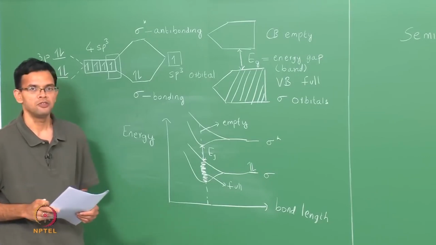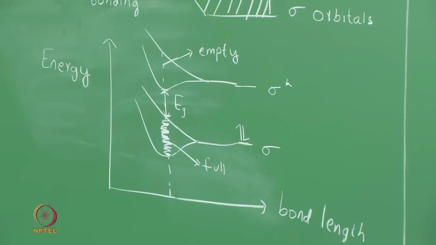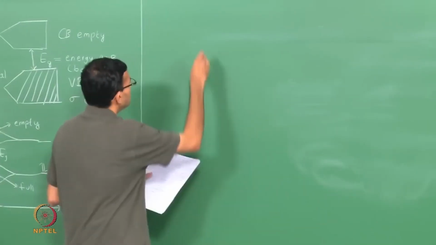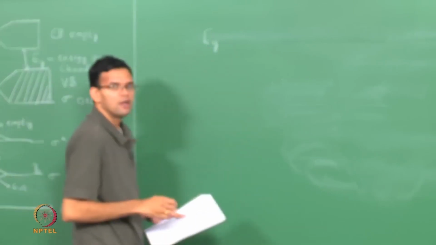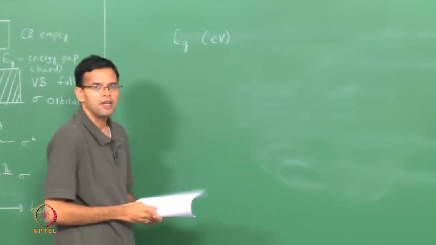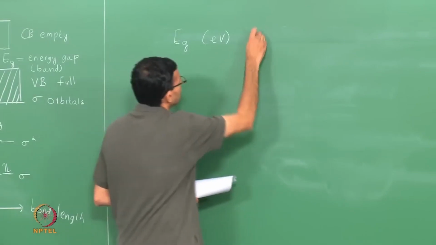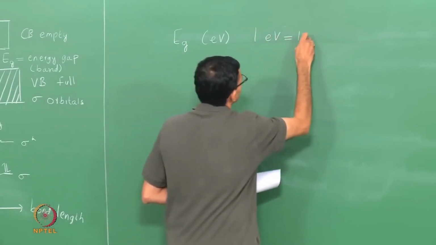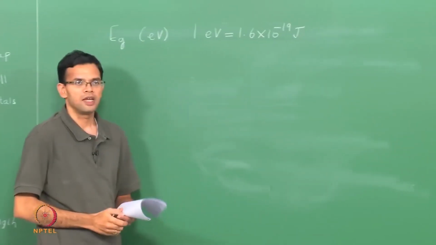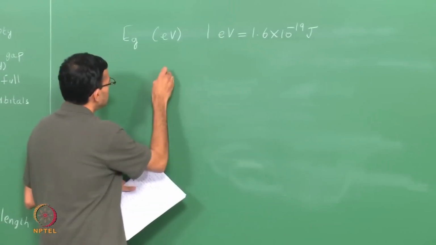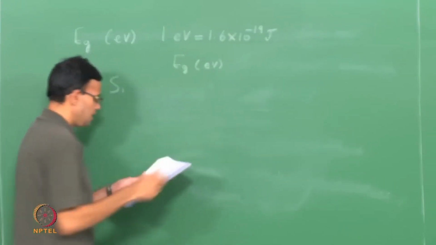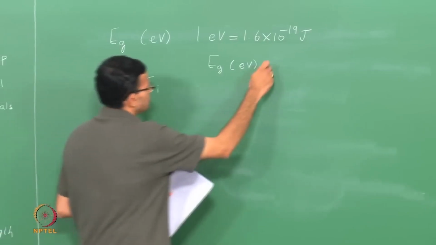What are some typical values for band gap? Let us write down some typical values for band gap. Eg, the units for this are electron volts, and as we saw yesterday, electron volts is related to joules. 1 electron volt is nothing but 1.6 times 10 to the minus 19 joules. So, we have silicon Eg in terms of eV, all these values are at room temperature.